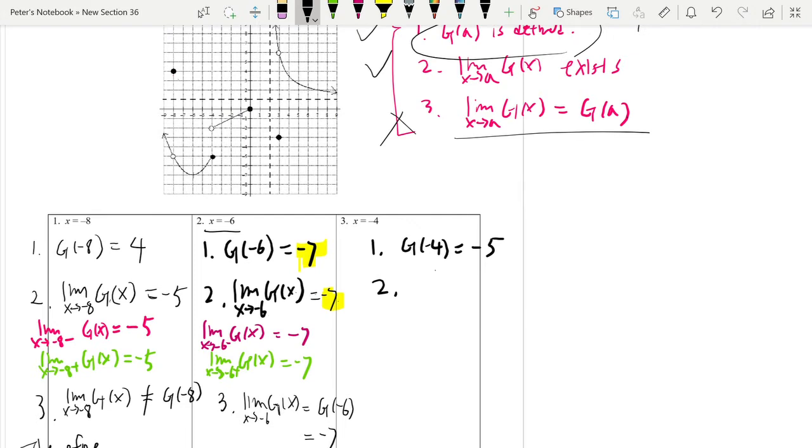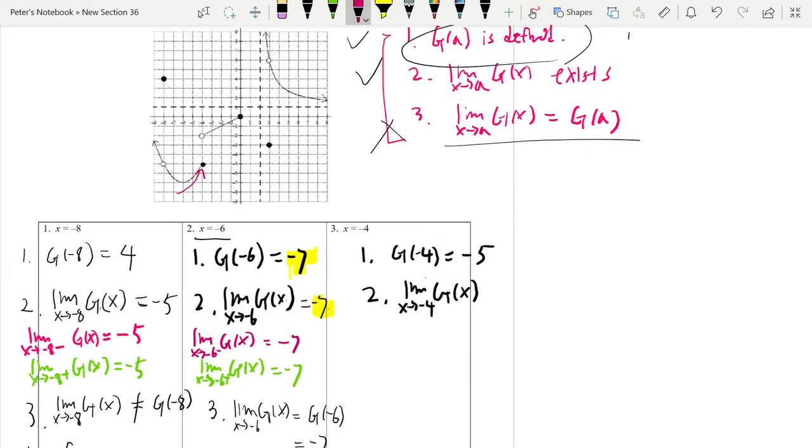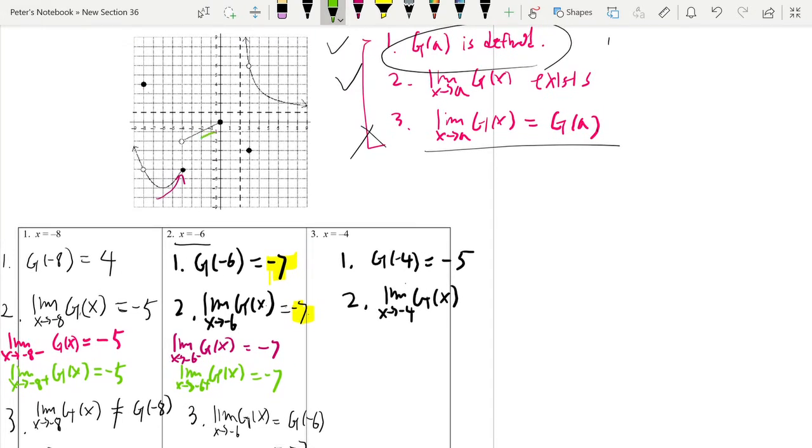Number 2, what about the limit? Limit of g of x as x approaches -4. Does that exist? And from our practices, we already know that this is going to -5, and then that's going to -2, right? So I know, again, some of you folks might think it's too much work, but get used to that formal way of writing that down.